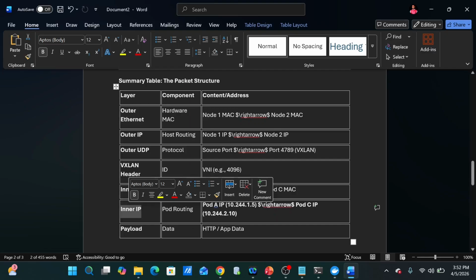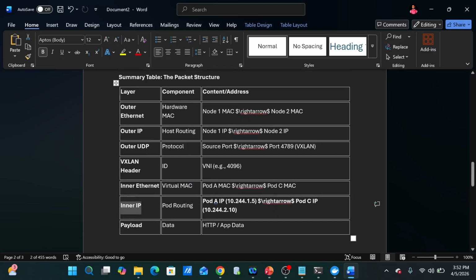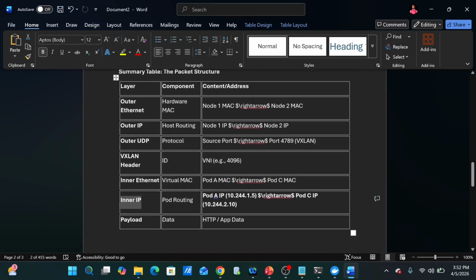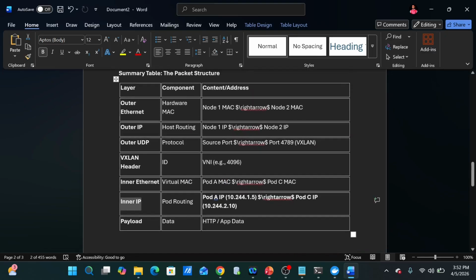Alright, so in that manner it basically communicates. Most of the CNIs communicate in that manner. In some CNIs, the traffic goes directly to the Linux routing table, and the Linux route table can directly route to pod C. But there also this encapsulation concept comes into the picture.